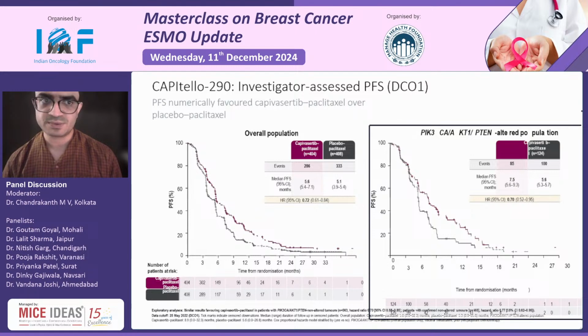And then we looked into the PI3K AKT mTOR pathway, the CAPItello 290 trial, which showed that just randomly combining capivasertib with chemo did not yield overall survival. Therefore, we should be careful before we use these drugs in practice. And then finally, we also discussed the CNS active anti-HER2 agents, TDXD, having impressive and very large data in CNS active disease.